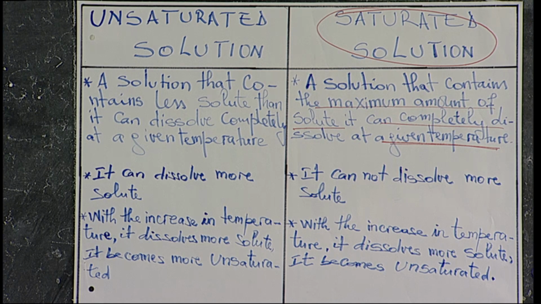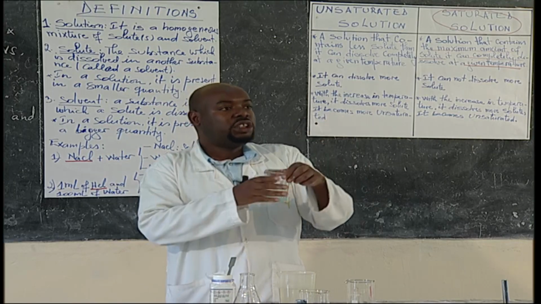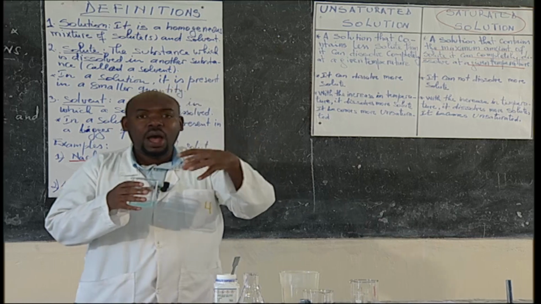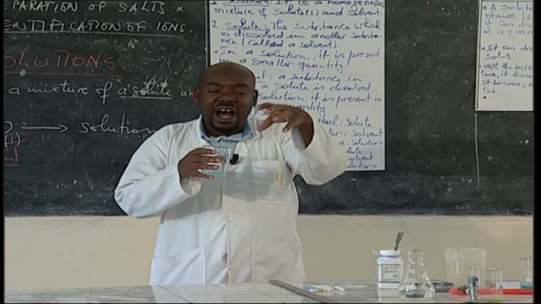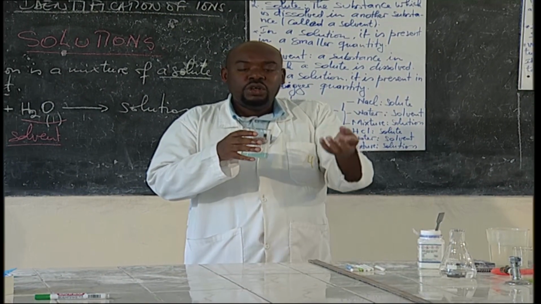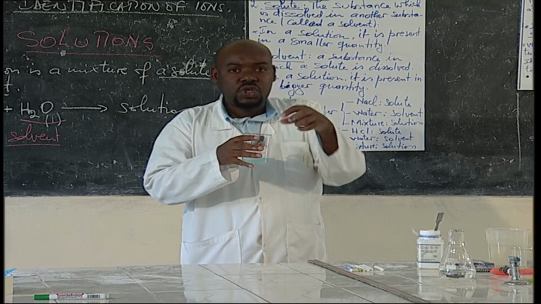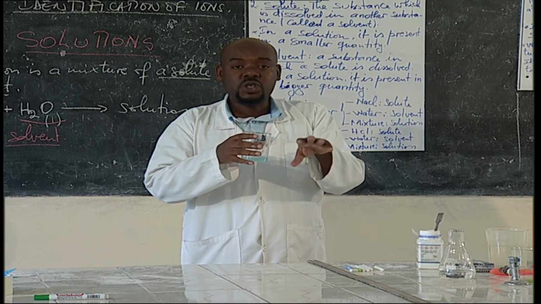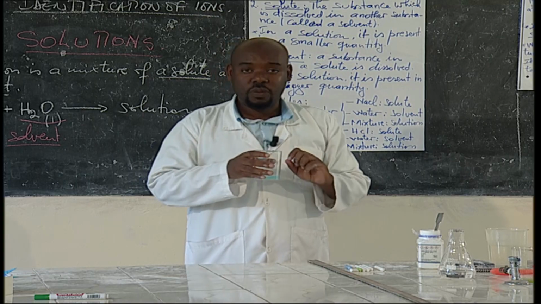And now, what is this unsaturated solution? We said that if you take this solution, which doesn't contain the maximum amount of solute it can contain, you are able to add more solute. It's possible, and that solute will dissolve.